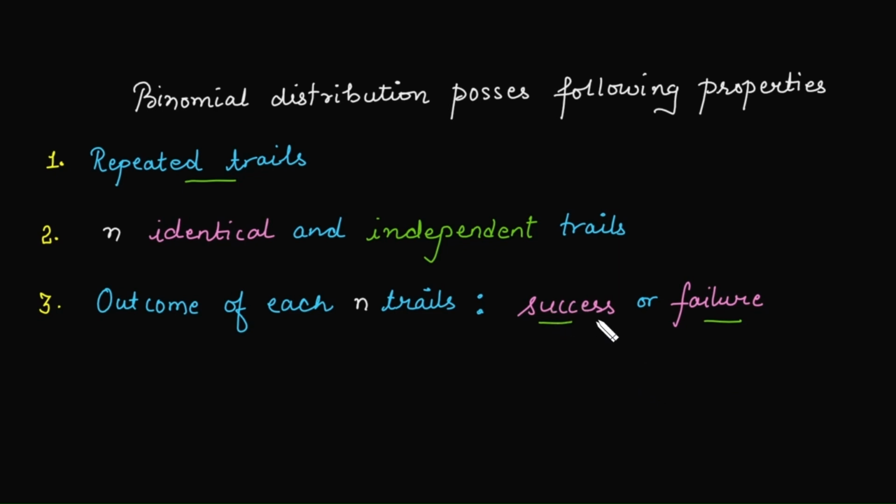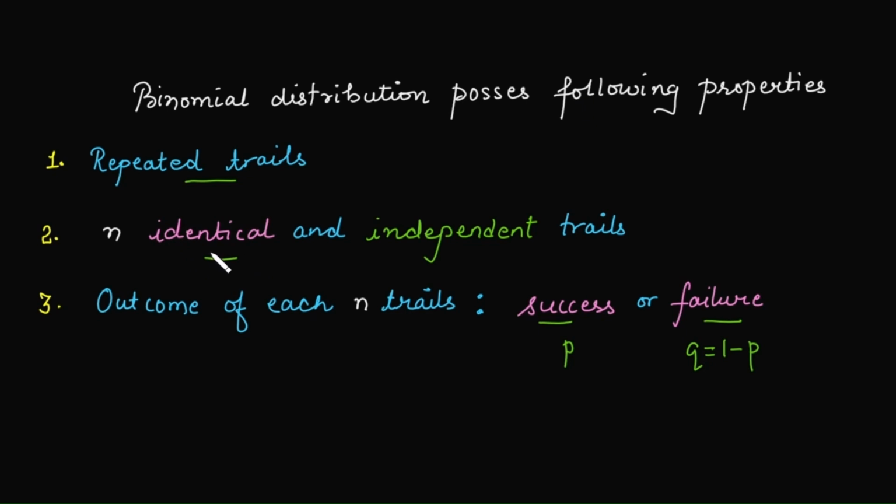In case of success of the required outcome, the probability is denoted by P, and for the case of failure, the corresponding probability is represented by Q, that is equal to 1 minus P. The third condition for the binomial experiment is that the trials should be independent and identical.